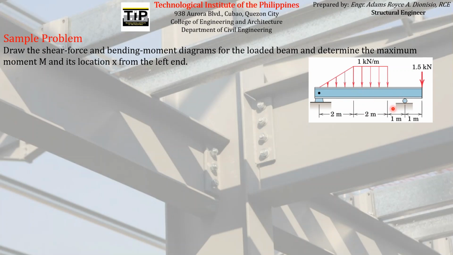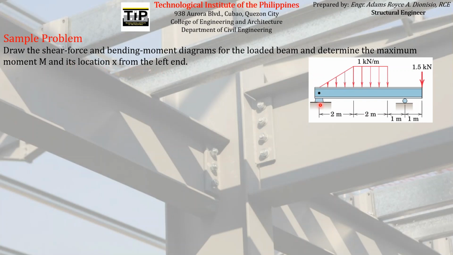It's not a simply supported beam, because you have a little overhang here. So this is called an overhang beam. The question requires us to draw the shear force and bending moment diagrams, as well as to determine the maximum moment M, the maximum bending moment being experienced by the beam, as well as its location from the left end.